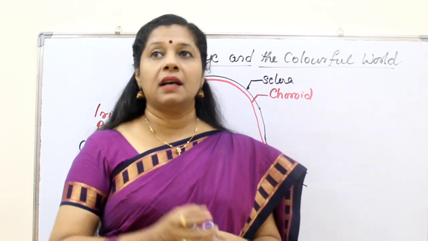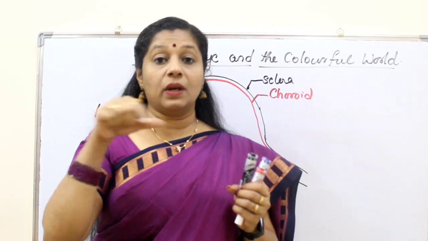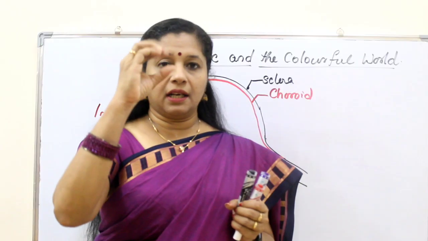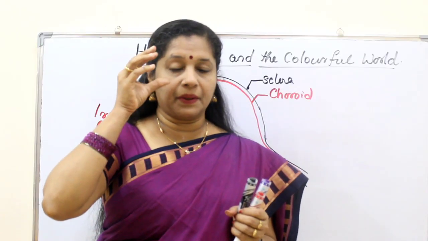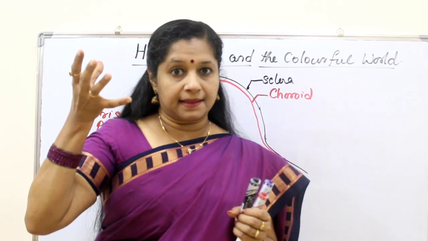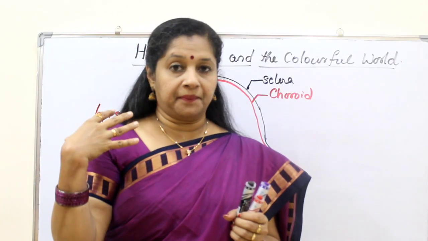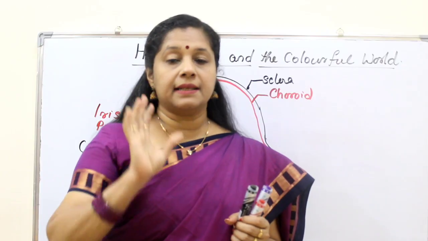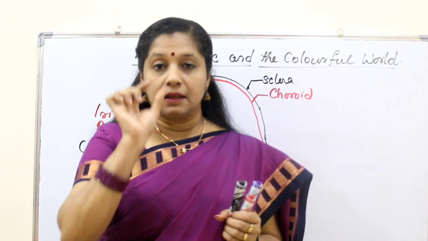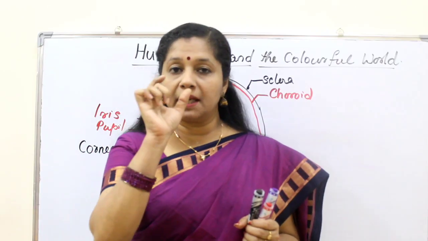Imagine a circular shutter opening and closing. When the iris is relaxing, the pupil dilates and more light enters the eye. When the iris is contracting, less light enters the eye. Why? Because the pupil becomes small.